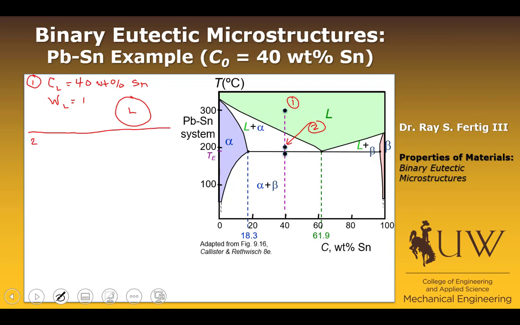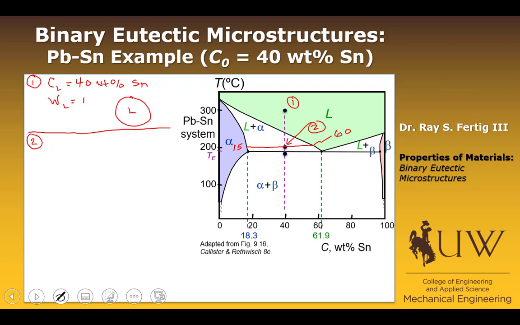So at state 2, we're just above the eutectic line. And what we're going to look for here is, we're going to go ahead and do what we typically do. We'll draw our tie line through this point. Okay, and I'm going to go ahead and call that, I know it's not perfect, but let's call it 60 weight percent, and we'll go ahead and call this 15 weight percent there.